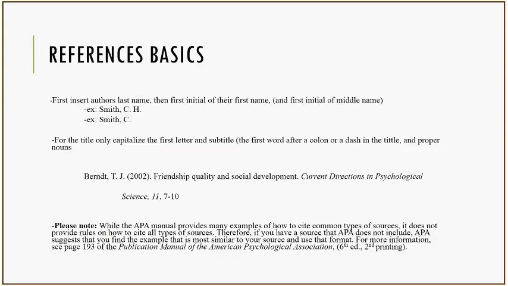And then for the title, you only capitalize the first letter and the first letter of the subtitle. We have an example right here. I'm only capitalizing friendship. I'm not capitalizing anything else in the title. And then I want to italicize the journal and the journal number, but not italicize the page numbers within that article. Okay?